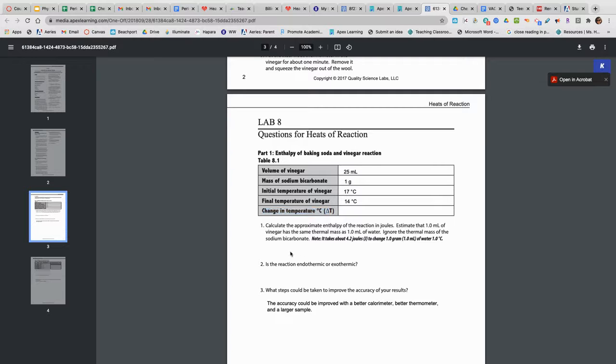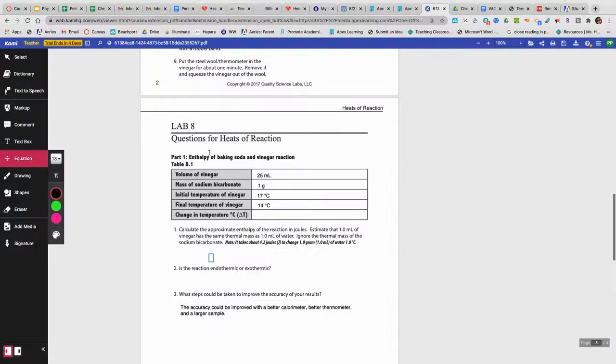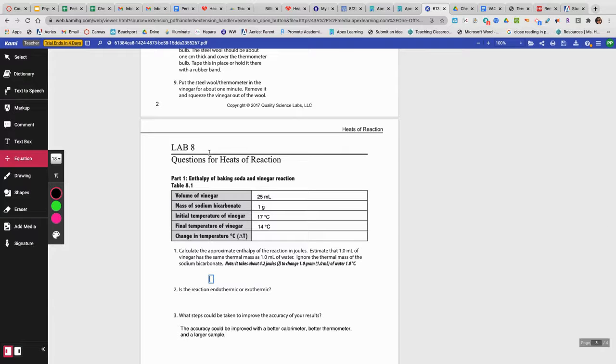So for this one here, calculate the approximate enthalpy of the reaction in joules. Remember, it's going to be the mass, or milliliters, times the specific heat, which in this case it gives you the 4.2 joules, and then times the change in temperature.